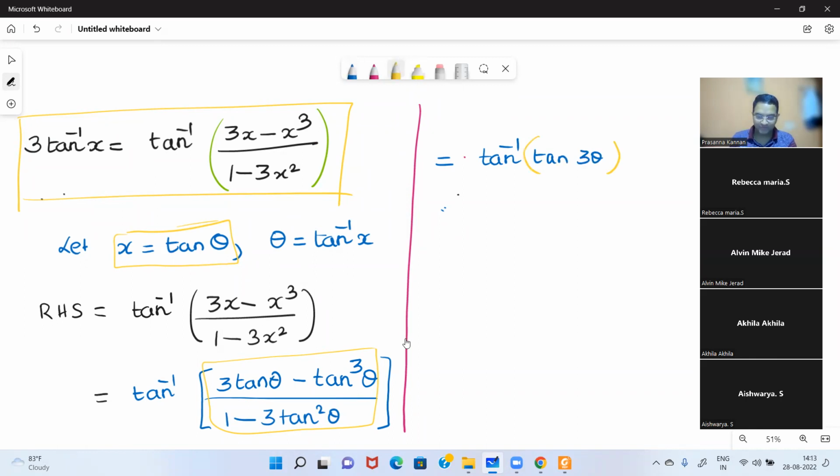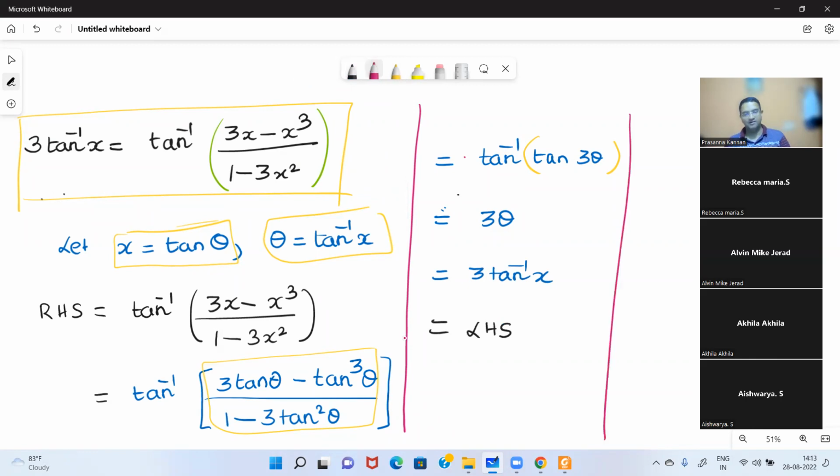What is tan inverse of tan 3 theta? 3 theta. But what is theta? Tan inverse x. So this becomes 3 tan inverse x, which is your LHS. Are you clear? Yes, sir.